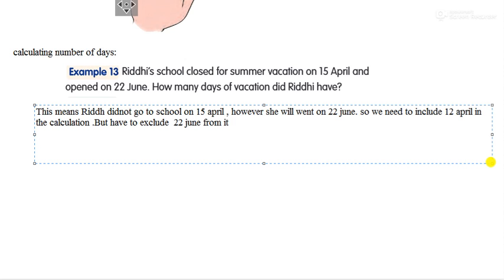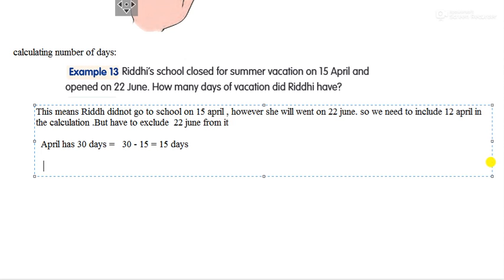So April has 30 days. 30 days means 30 minus 15, so already she went to school for 15 days. So 30 minus 15 equals 15 days.